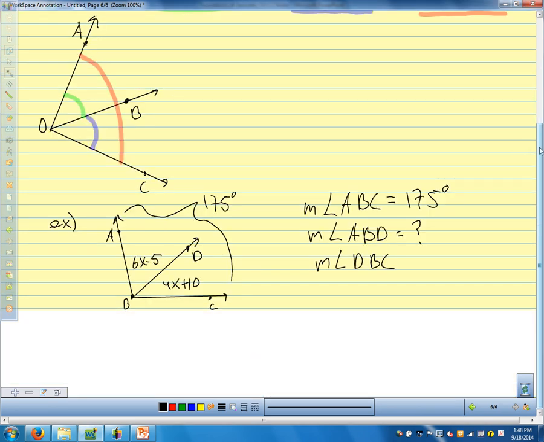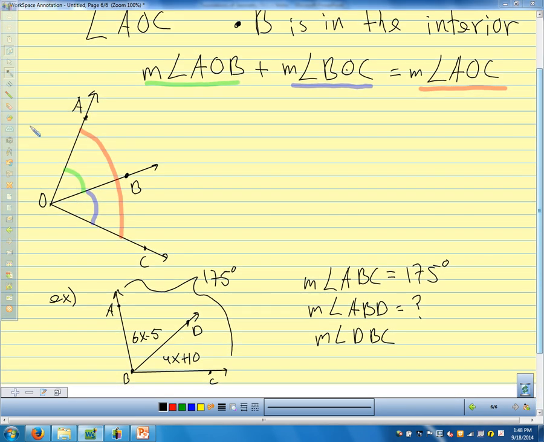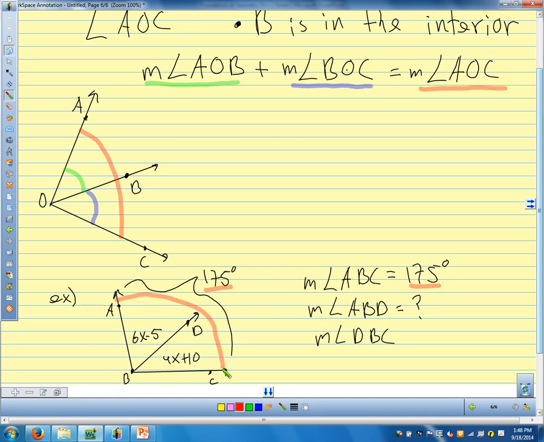So I'm going to use my highlighter again. So here's ABC, 175, that whole thing. ABD is this one in green, and DBC is this one in blue.